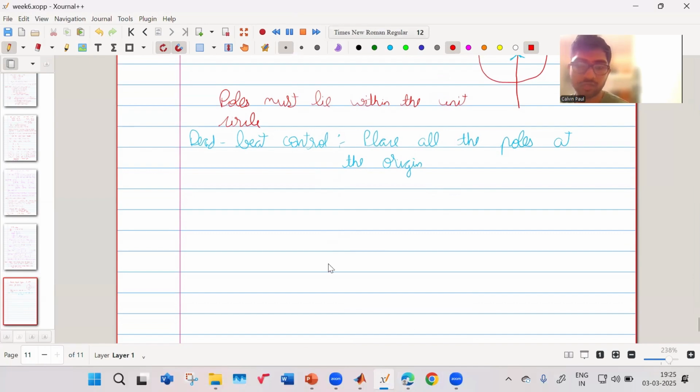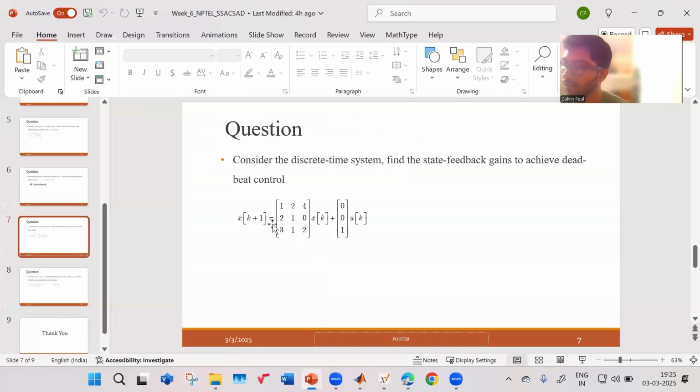So let us go to the question. We have x(k+1) given by this expression, and we have to find the gains so that we can achieve deadbeat control.